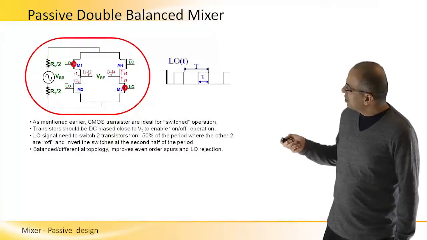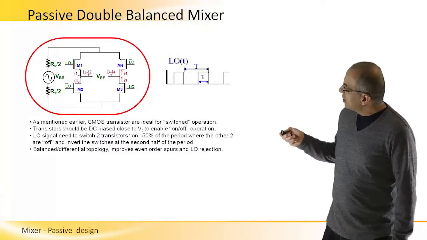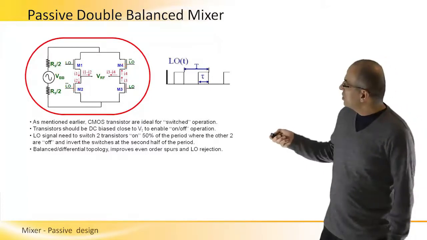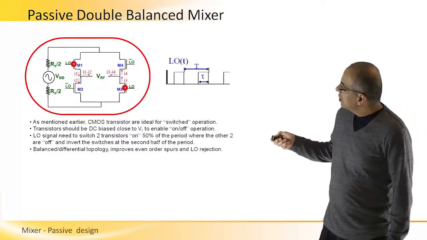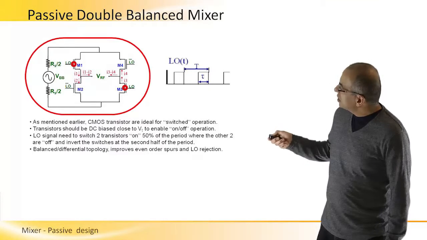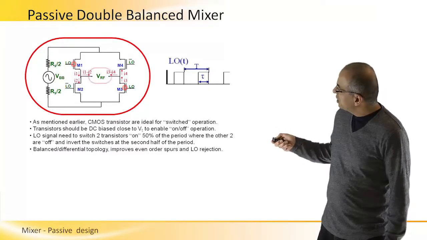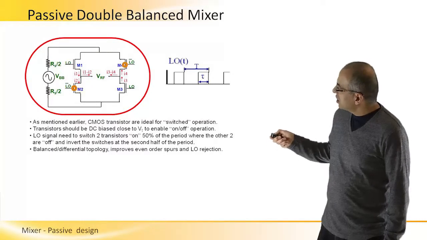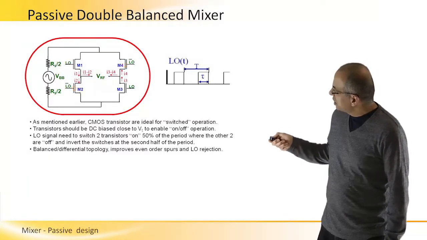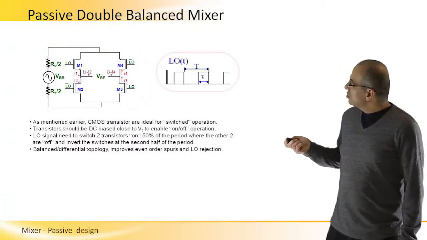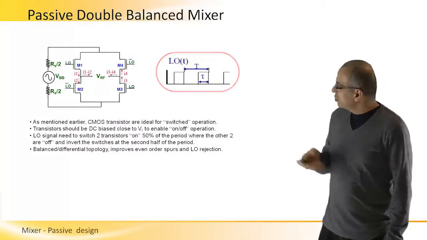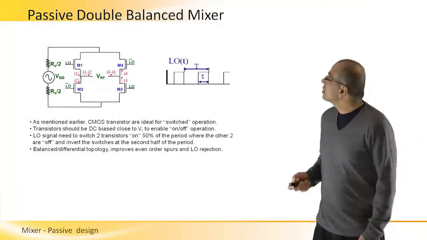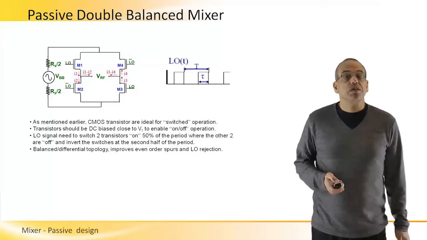So we are switching on these two, and then these two are off, and vice versa. 50% of the time these two transistors are on, taking the input signal to the output, which is here, and the other 50% of the time these two are on and these two are off. And usually, as we mentioned before, we will try to get the LO signal as close to a 50% square wave as possible.